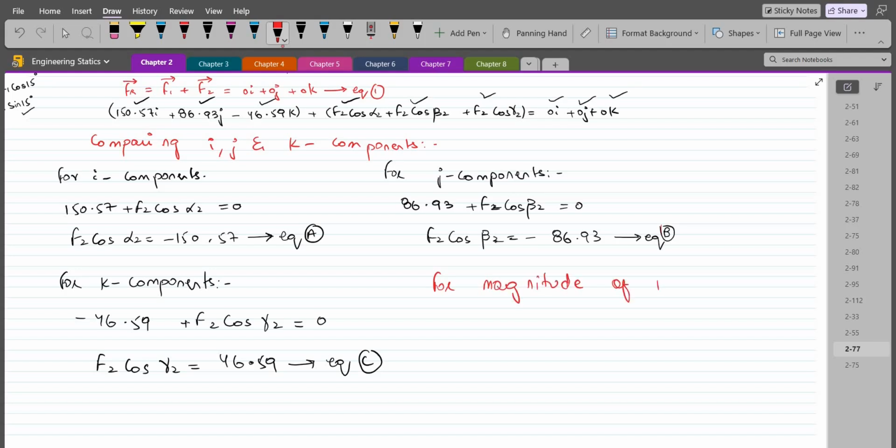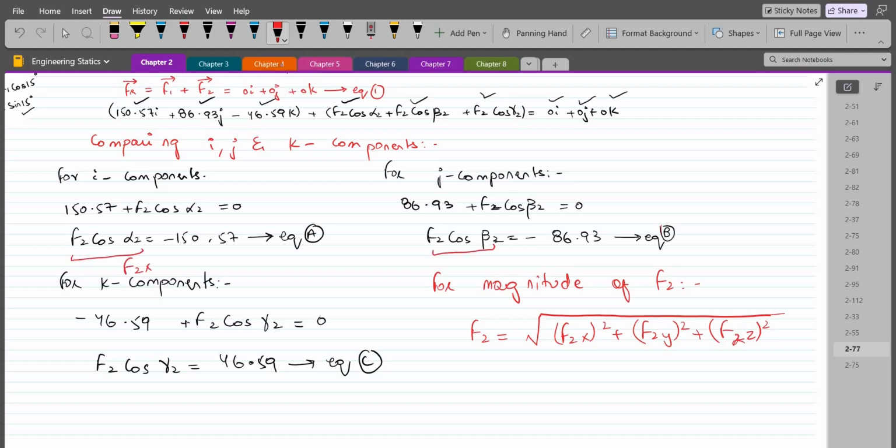For the magnitude of the F2 force, we can use the Pythagorean theorem. F2 equals the square root of F2x squared plus F2y squared plus F2z squared. This is the F2x, this is the F2y, and this right here is the F2z.